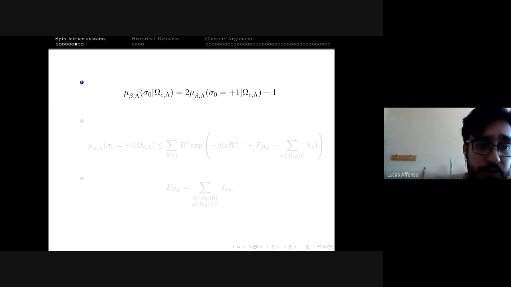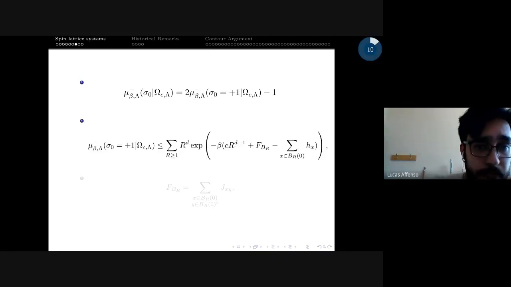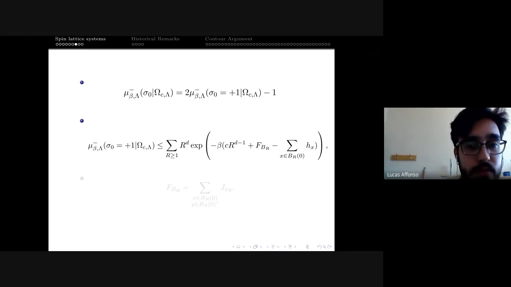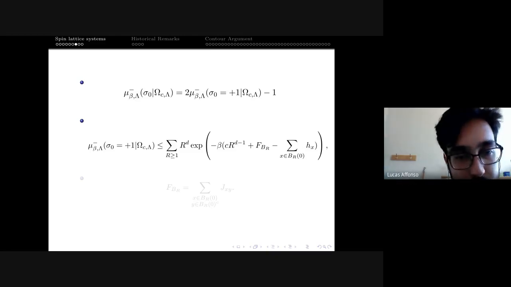It's not hard to see that when you see a plus spin at the site 0, in these configurations it has to be inside some ball, and that you have at most r^d possibilities for the 0 to be inside the ball. And that the energy is proportional to the boundary of the ball. That's something like r to the power d minus 1.